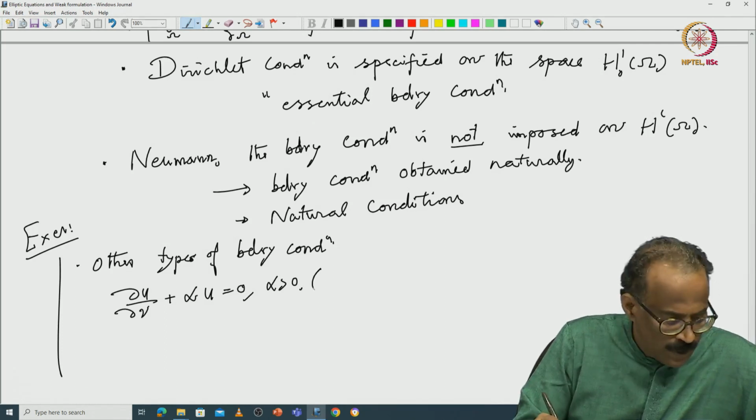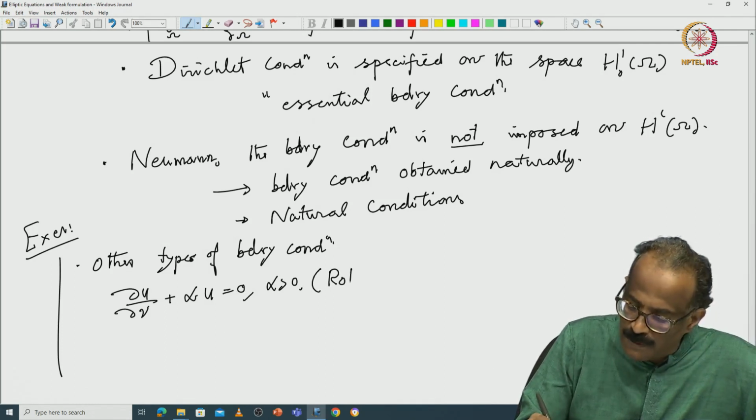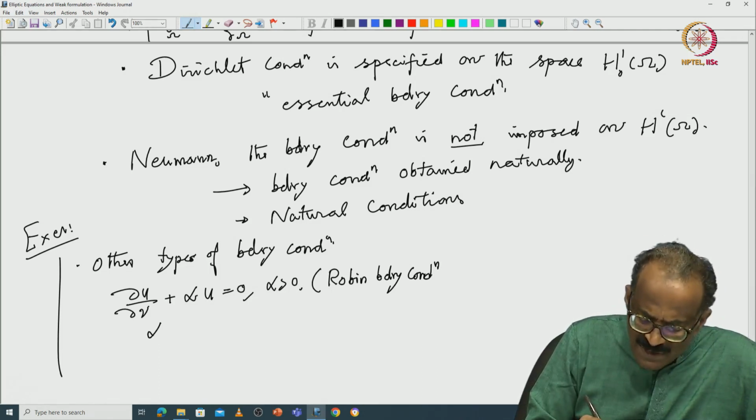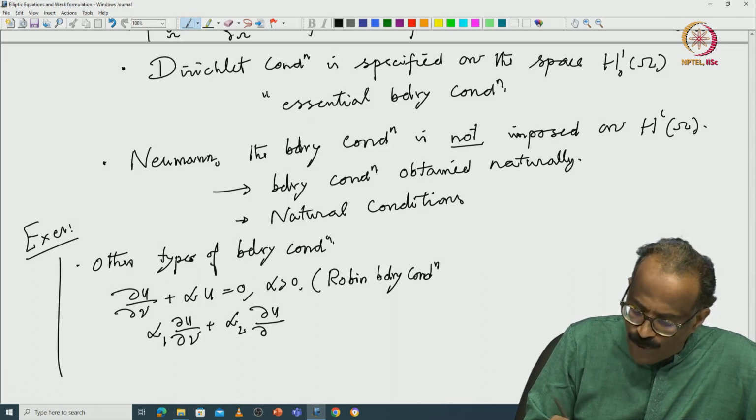These are called Robin boundary conditions. You can also have oblique type boundary conditions, du/dν plus α2 du/dτ.